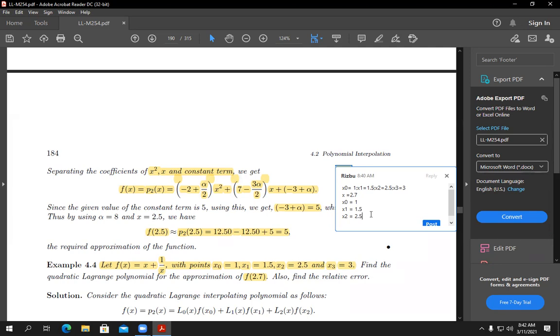Not correct. Not correct, because we are doing interpolation, and the interpolation condition is that x must be inside the interval. Interval means between the smallest and the largest value. But 2.7 is not inside, so this is wrong.